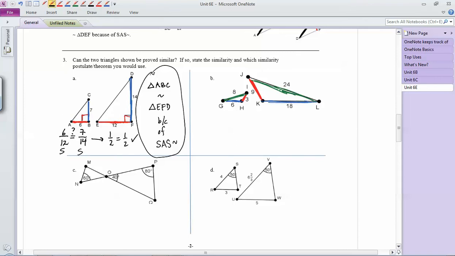So if I check those ratios, little red over big red, check to see is that the same as little blue over big blue, check to see if that's the same as little green over big green. And yeah, they all simplify to 1/3, or if you use the calculator, 0.3 repeating.